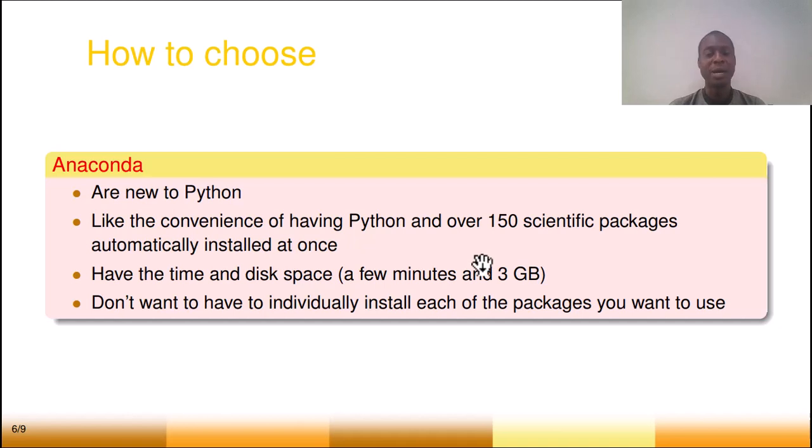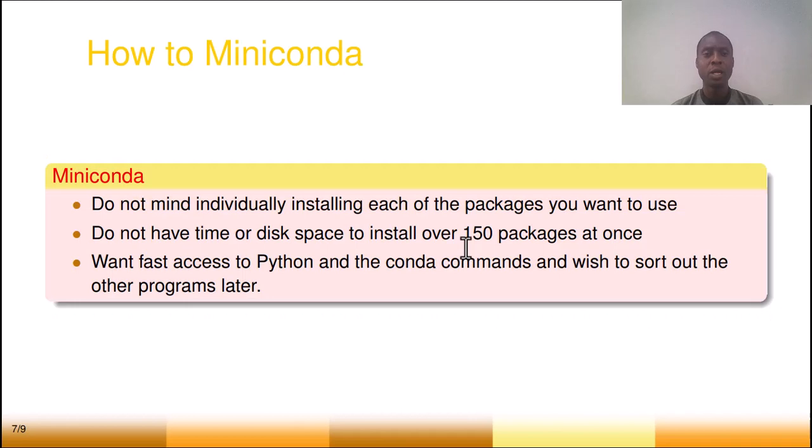Now let's talk about Miniconda. If you don't mind installing the packages one after the other, then you can go for Miniconda. Also, if you don't have enough space on your system, it's better for you to choose Miniconda over Anaconda.